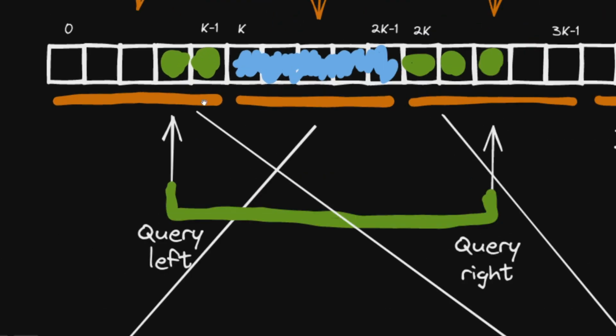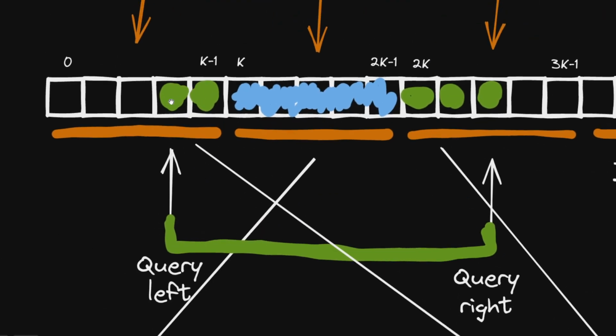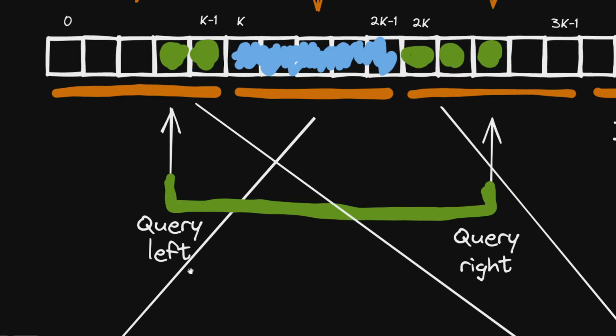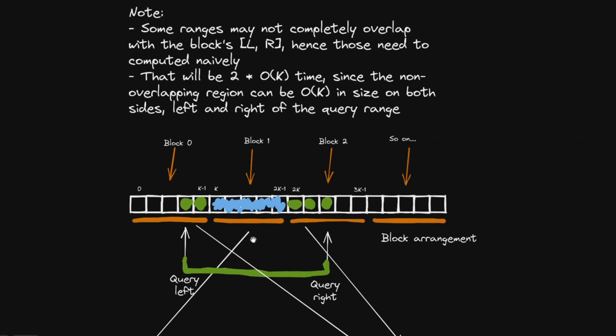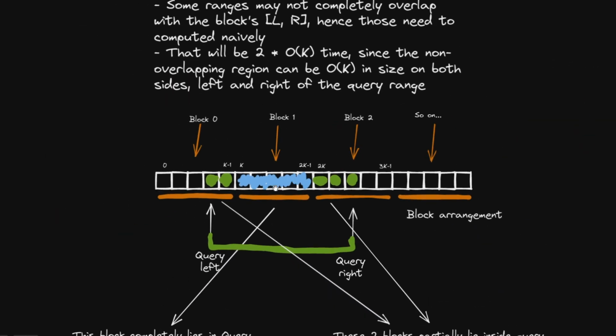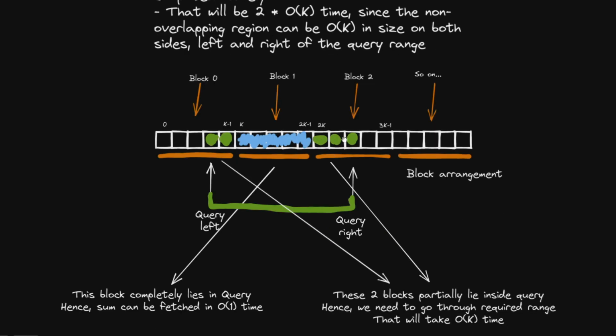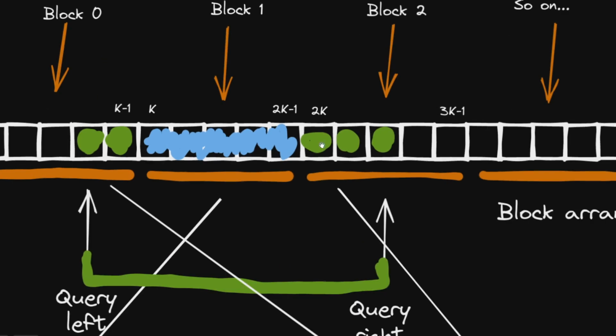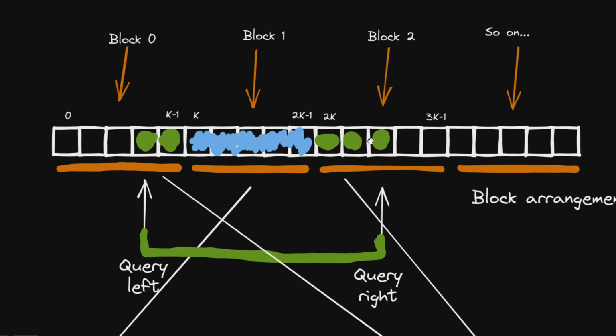But the issue can be these green portions cannot be treated as a single entity, right? So this green portion, they are not a part of a complete block, and we can't simply fetch the sum from this block, because this block is only storing the sum from 2k to 3k minus 1, and we can't ask it to give me the sum from these three indices.